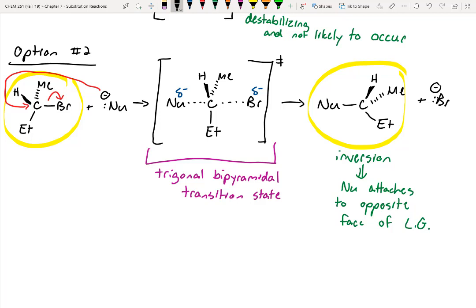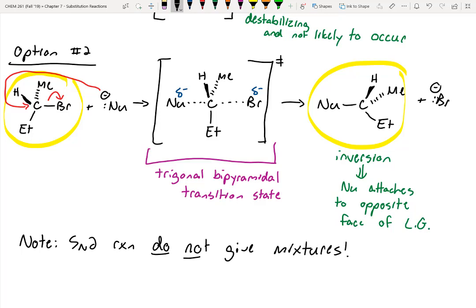All right, so let's make a note here, kind of like we did previously. The note is that SN2 reactions do not give mixtures. You only get one product that is inverted.